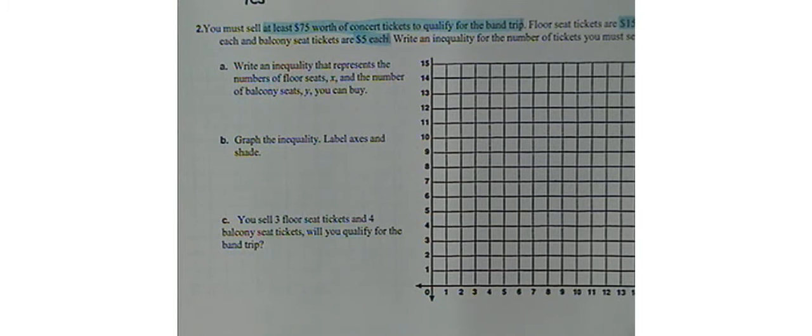So again, this is Ax plus By and then my symbol with the C. It tells me that floor seats are x, balcony seats are y.